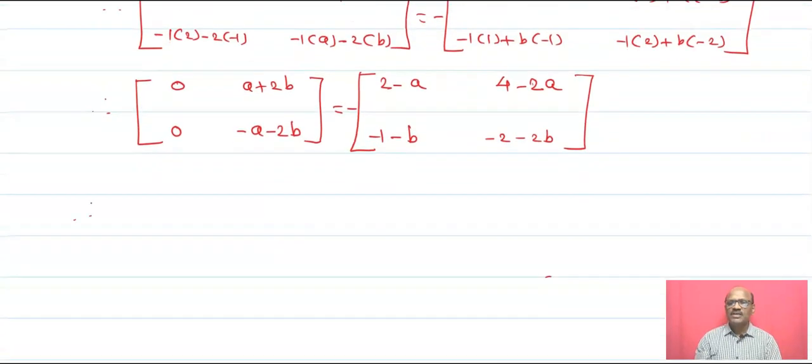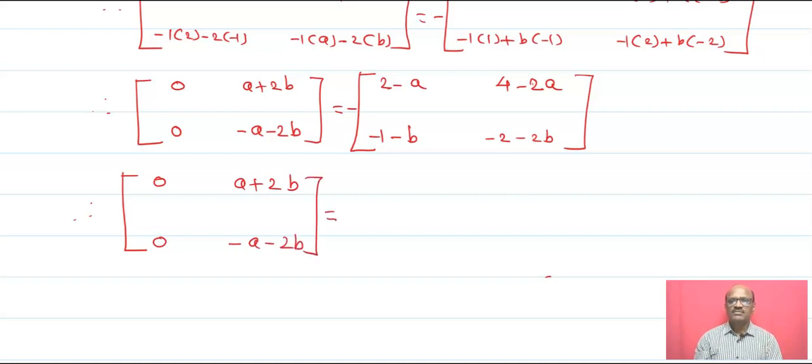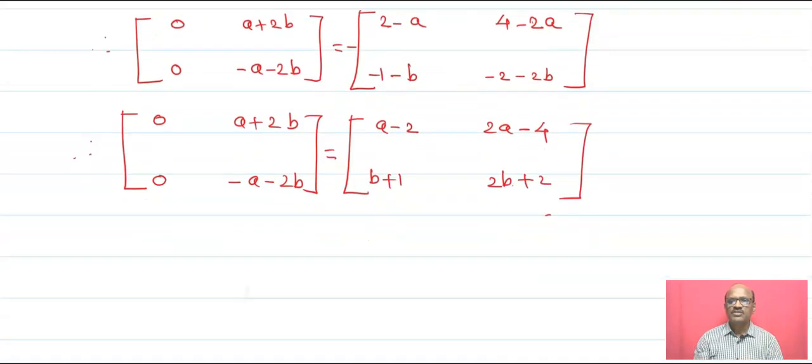And that's why 2 minus a is equal to 0, a plus 2b, minus a minus 2b. Now we'll apply the minus sign here, that is a minus 2, 2a minus 4, b plus 1, 2b plus 2.